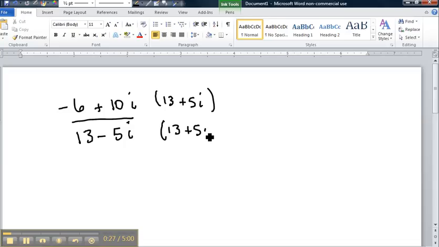And you're going to multiply the numerator and the denominator. Let's work this out together. 13 times 13 here is 169.